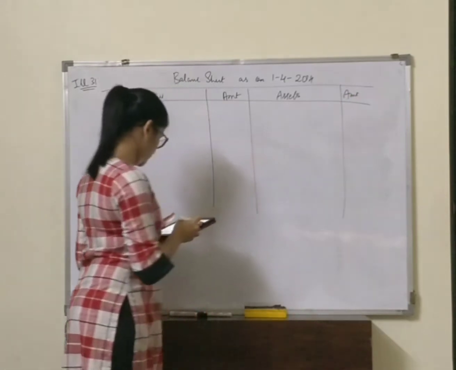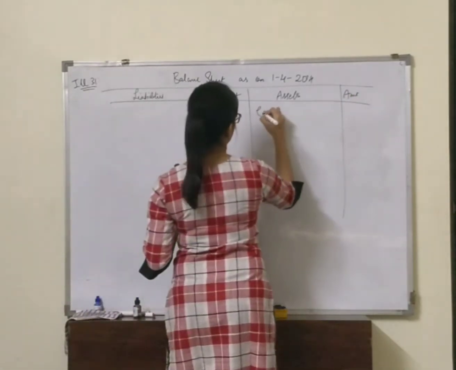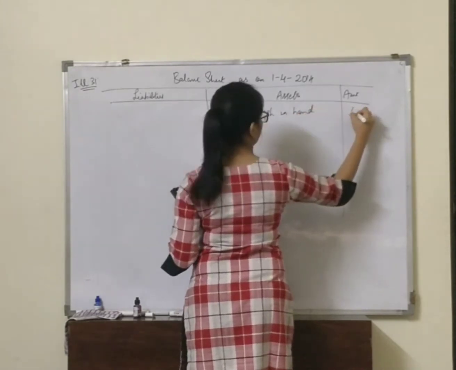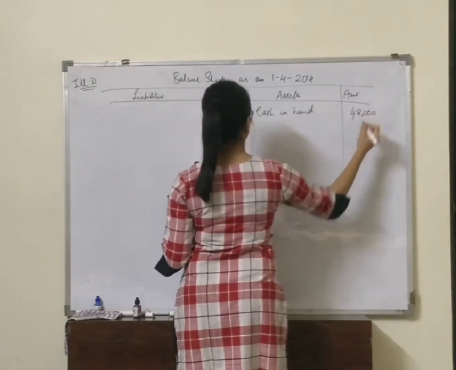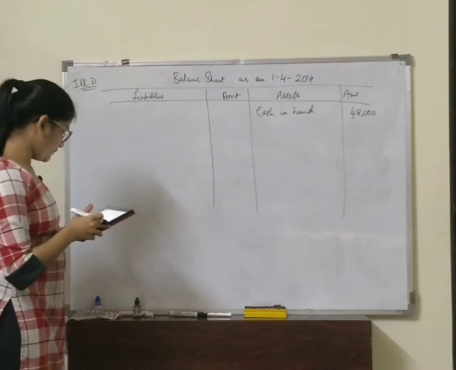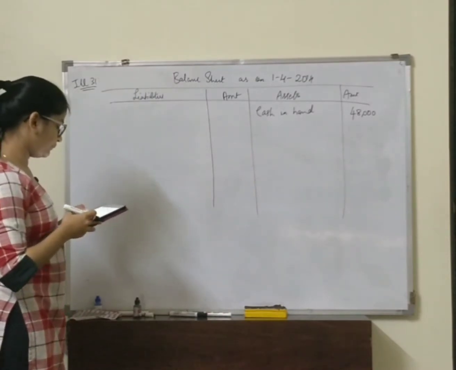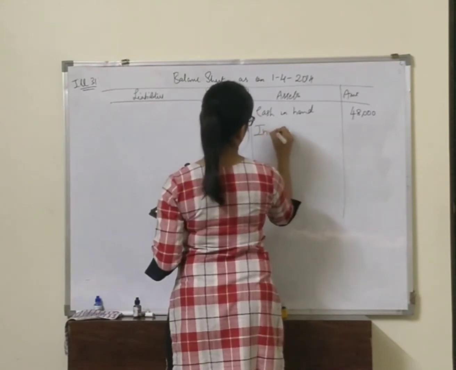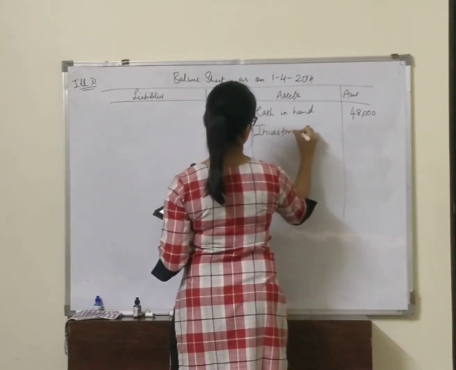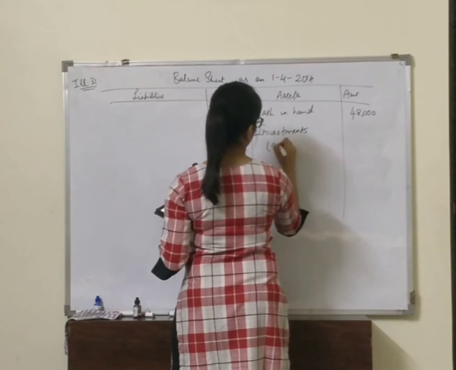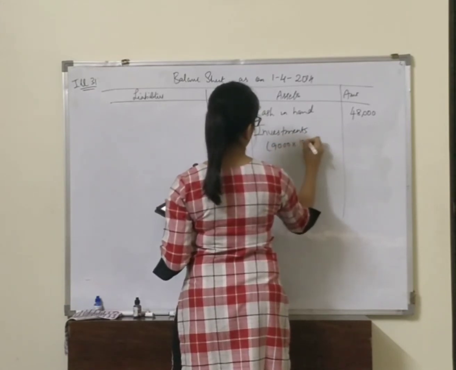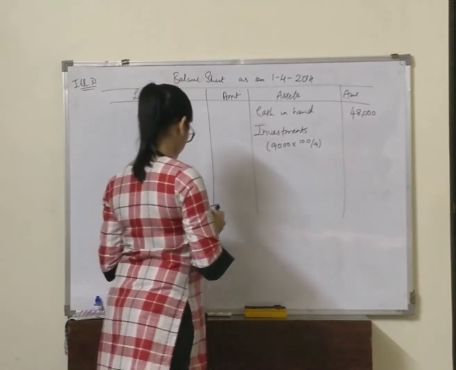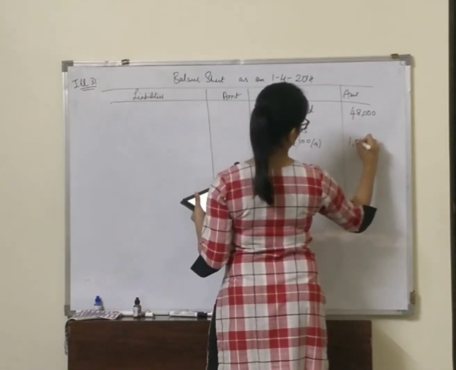So the first thing we need to write is cash in hand 48,000. Then on the receipt side, do we have anything else? We have investments. So we'll write investments in bracket 9,000 into 100 by 9. By this we get the amount of investment. How much? 1 lakh.